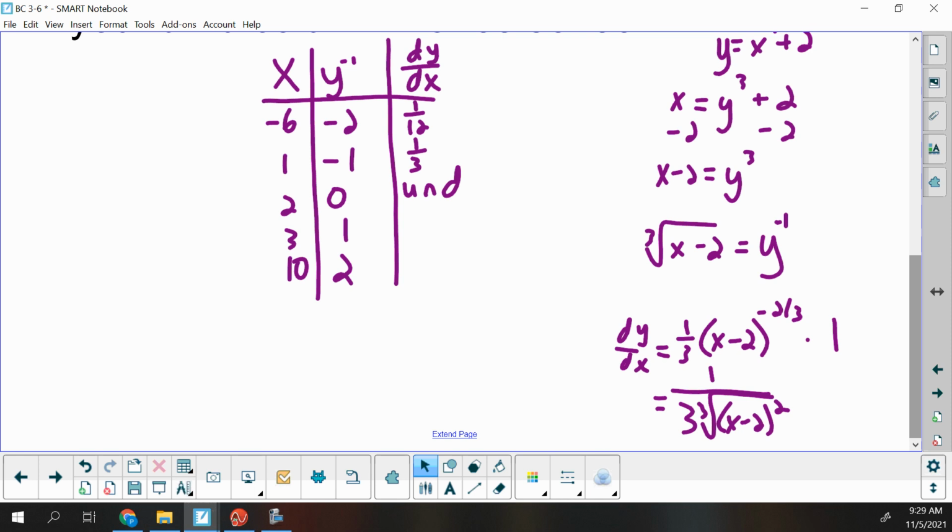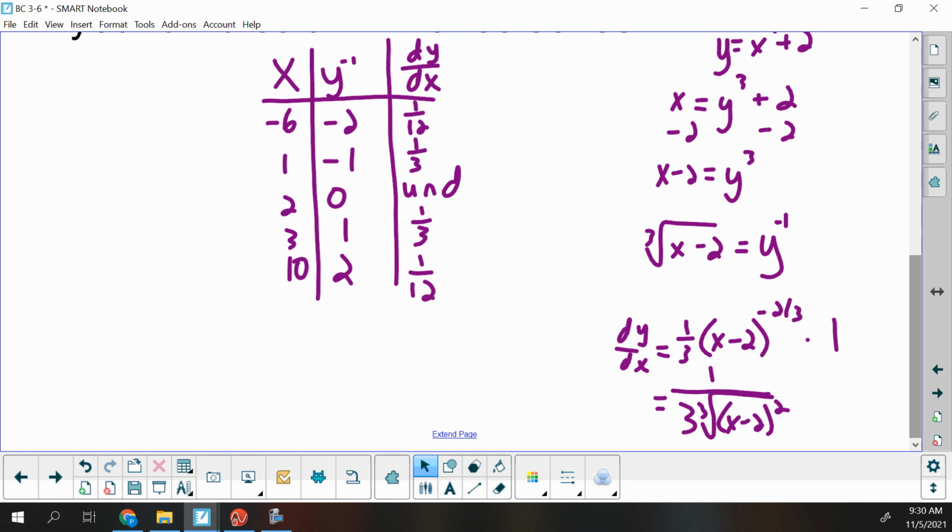When we sub in 3, 3 minus 2 is 1. 1 squared is 1. Cubed root of 1 is 1. Times 3 is 3, so we'll have 1/3. And then when we sub in the 10, 10 minus 2 is 8. 8 squared is 64. Cubed root of 64 is 4. 4 times 3 is 12, so we get 1/12.